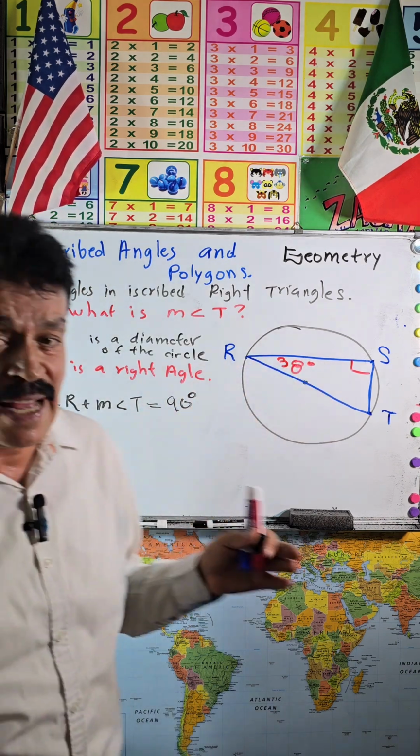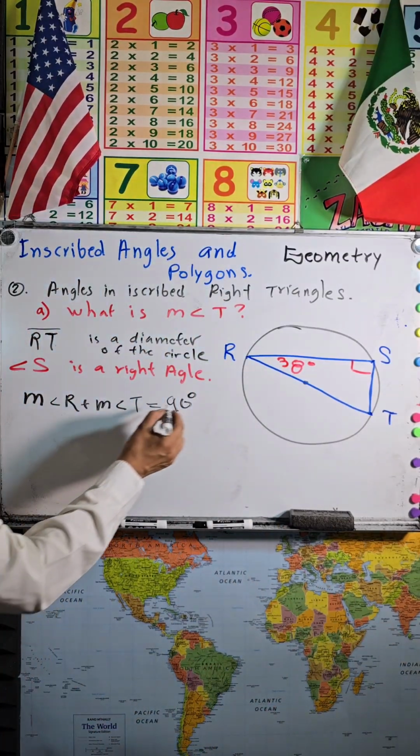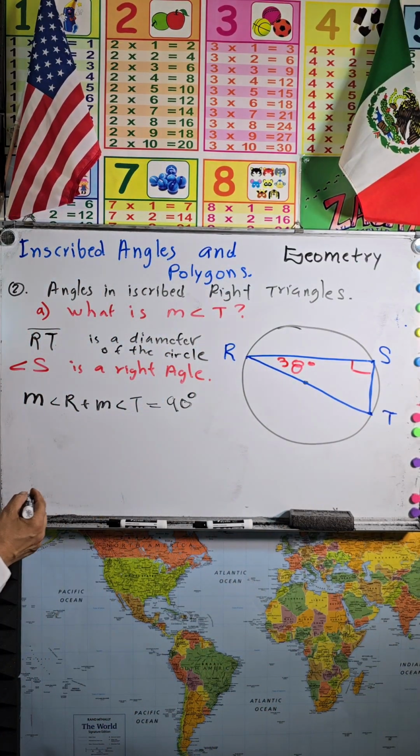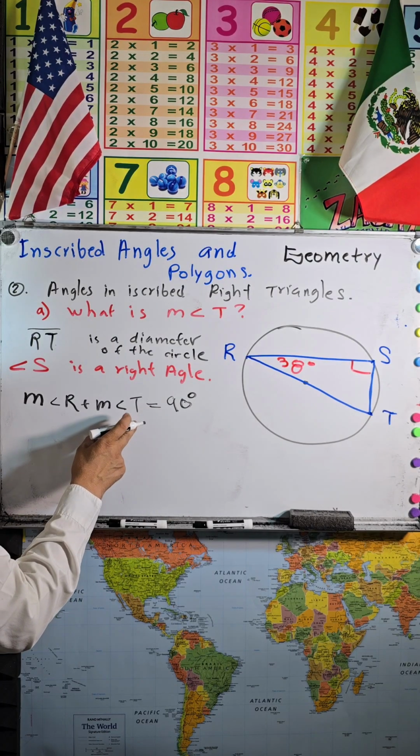The other angles inside the triangle add up to 90 degrees. So just plug in the value of the angle R.